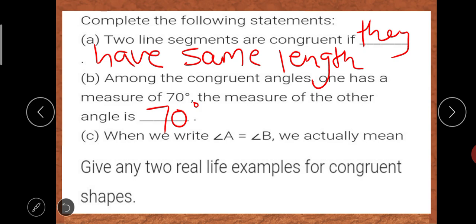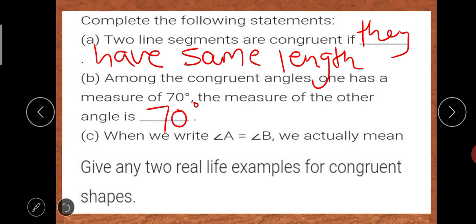You can also see the shaving blade of the same company, they are of the same length. Then we can say A4 size paper, any A4 size paper if you take, they are the same in length. Even we see the biscuits in the same packet, the shapes are the same.